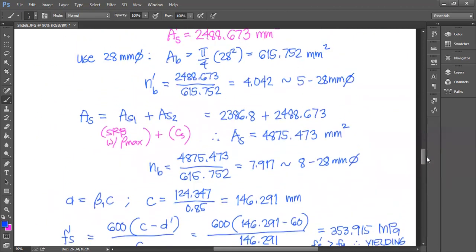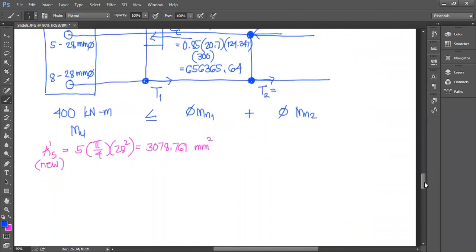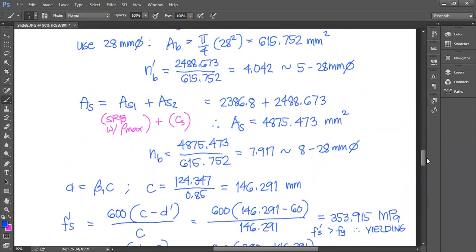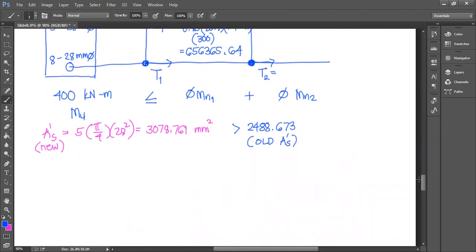Ito ngayon yung bagong A'S. Kasi kanina, ang A'S natin is 2488.673. So yung A'S na to is greater doon sa 2488.673. Ito ngayon yung old na A'S. Ibig sabihin din, yung AS natin is nag-iba.